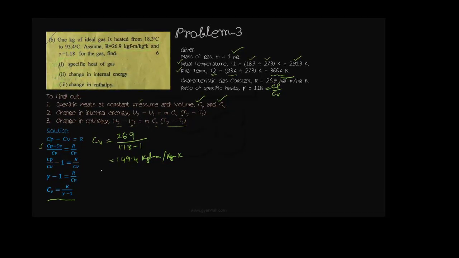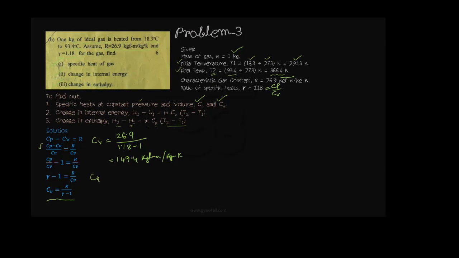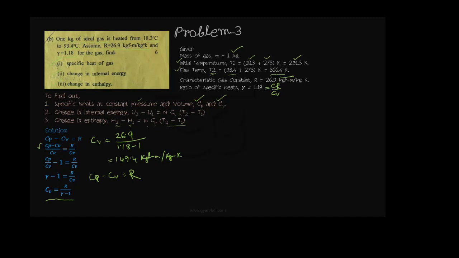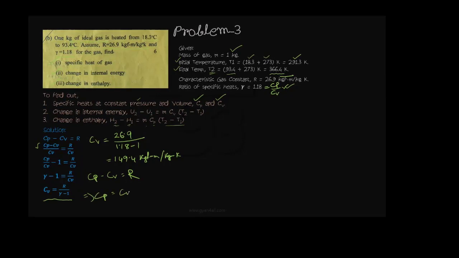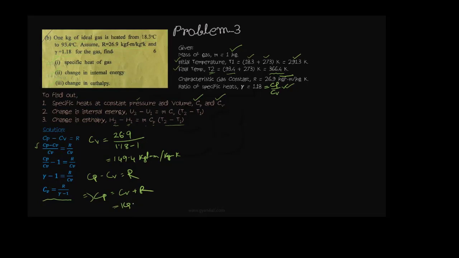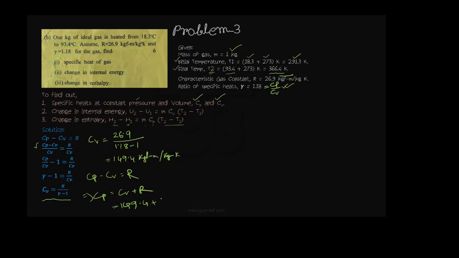Now we can get the value of Cp also, because Cp minus Cv is equal to R. We can also use Cp divided by Cv equal to gamma, and from this you will get Cp equal to Cv plus R. Cv is 149.4 plus R is 26.9.